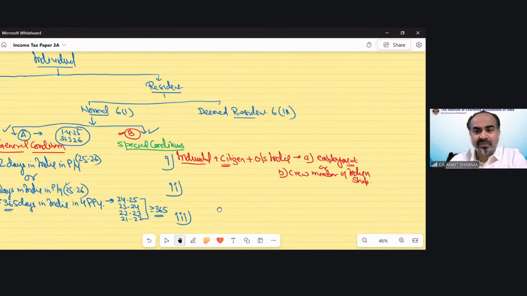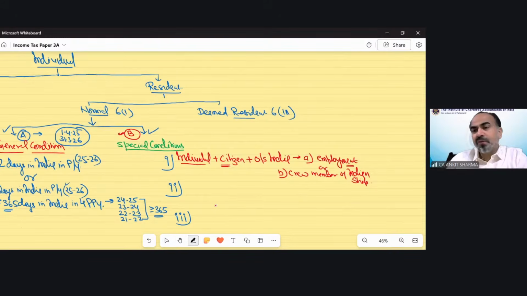If you fall in the first point of category B, you will be a resident only if you fulfill the first condition. Only one condition is applicable for these persons: 182 days or more in India in the previous year 2025-26.